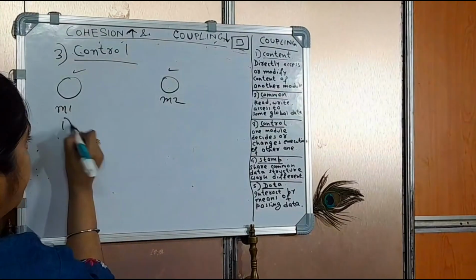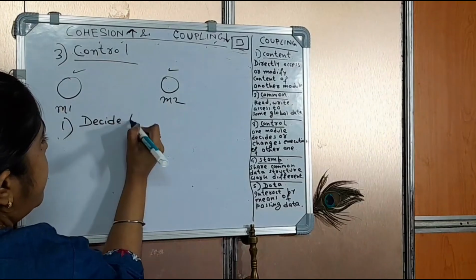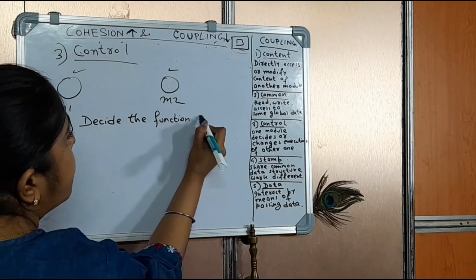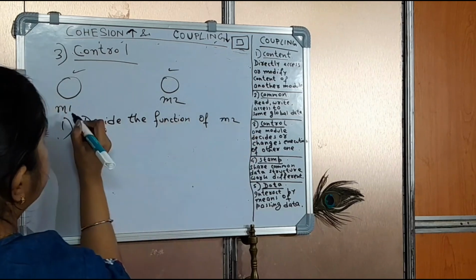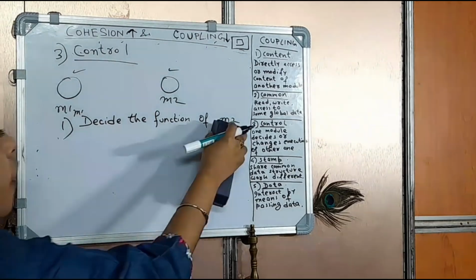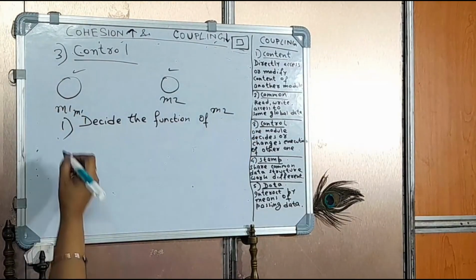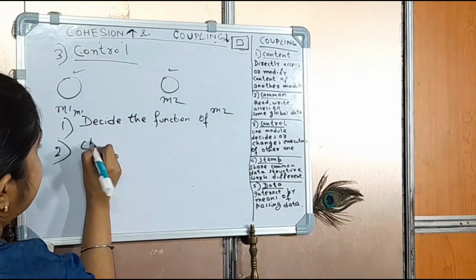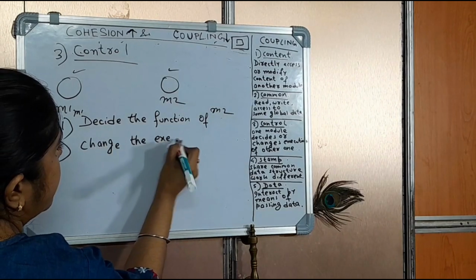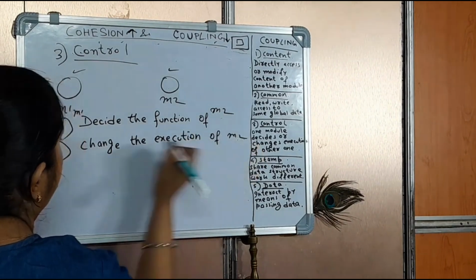Suppose M1, first thing, it can decide the function of M2, or maybe vice versa. Then second, it can change the execution of M2 or vice versa.